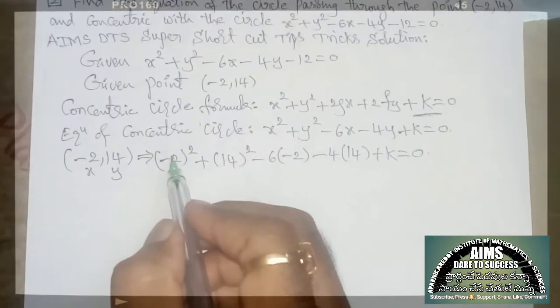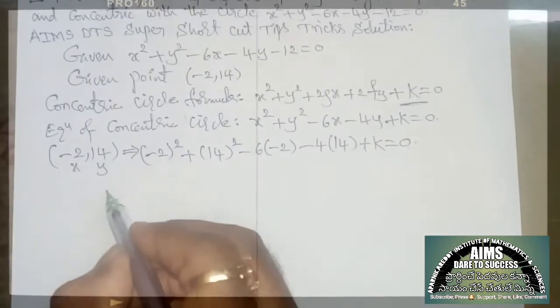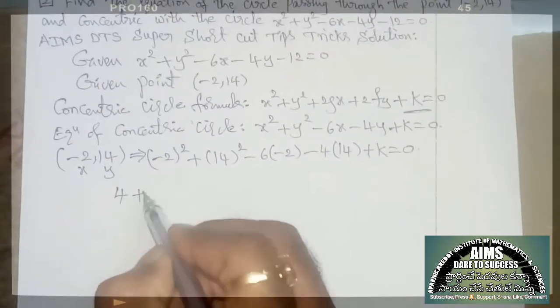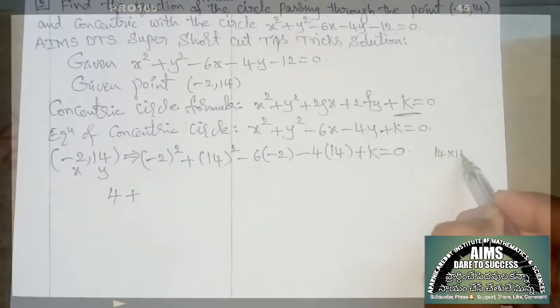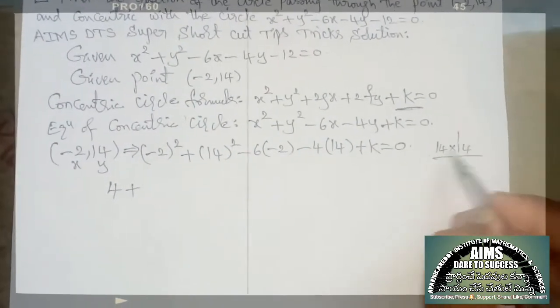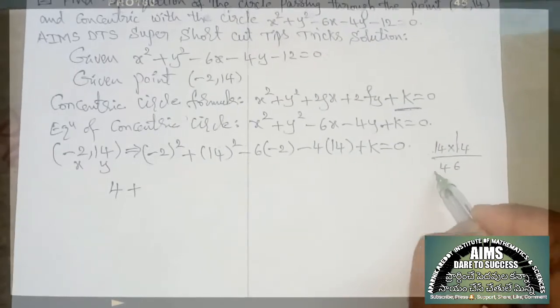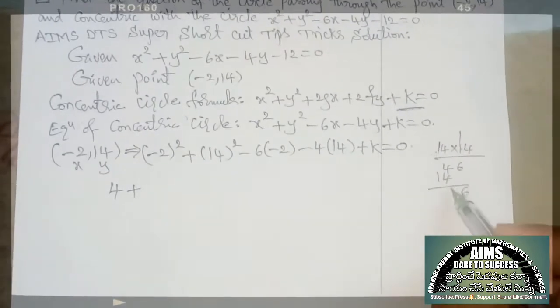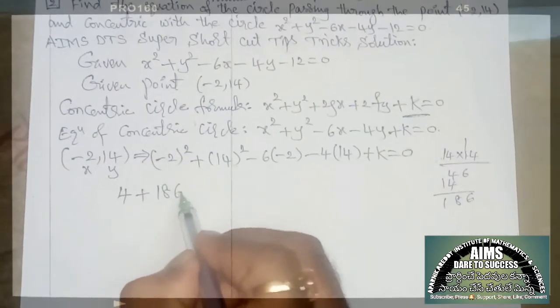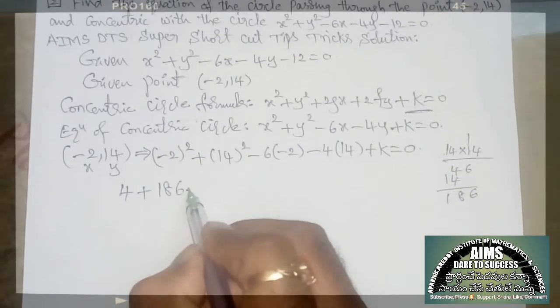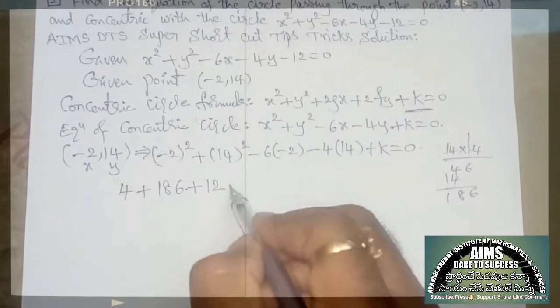Minus 2 to an even power becomes positive. 2 2s are 4, plus 14 14s. If you don't know 14 14s, you can multiply: 4 4s are 16, 4 1s are 4. Next 1 14 is 14, 6 4 plus 4 is 8, 196. 14 14s are 196. Minus into minus is plus, 6 into 2 is 12.